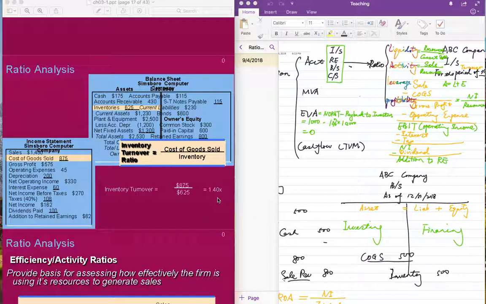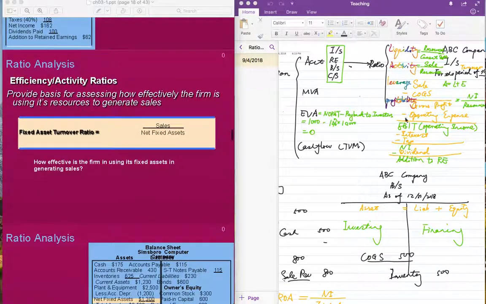What is the industry par for the computer industry? What is the benchmark inventory turnover? If the benchmark inventory turnover is 1.6 for the computer industry, then Samsparrow is not doing a good job. So ratio is always used for comparison reasons.